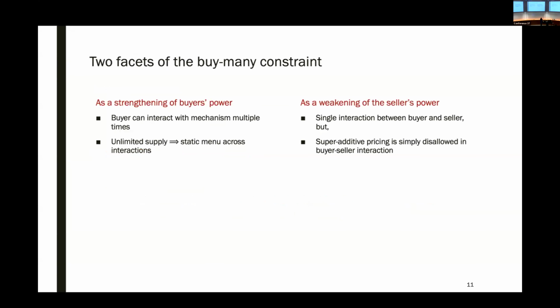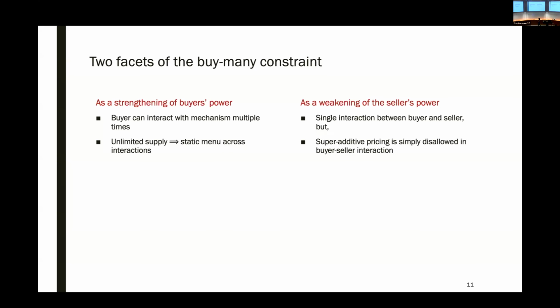Okay, so let's talk about the multiple buyer setting. And it turns out that things get a little bit complicated with multiple buyers. And to explain this, I want to think about the buy-many constraint on these mechanisms in two different ways.